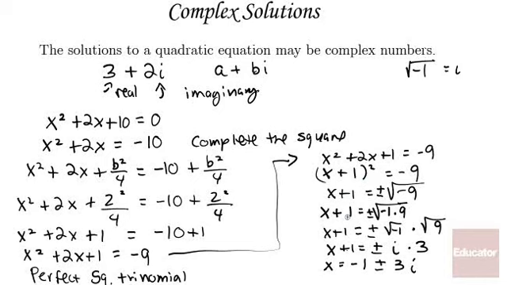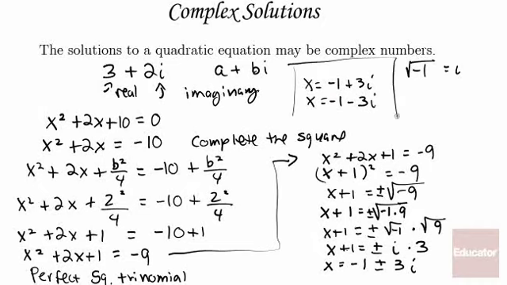But I recognize that this square root of negative 9 is equal to 3i. So then I could simply say that my solutions are x equals negative 1 plus 3i and x equals negative 1 minus 3i. And that's a set of complex conjugates.